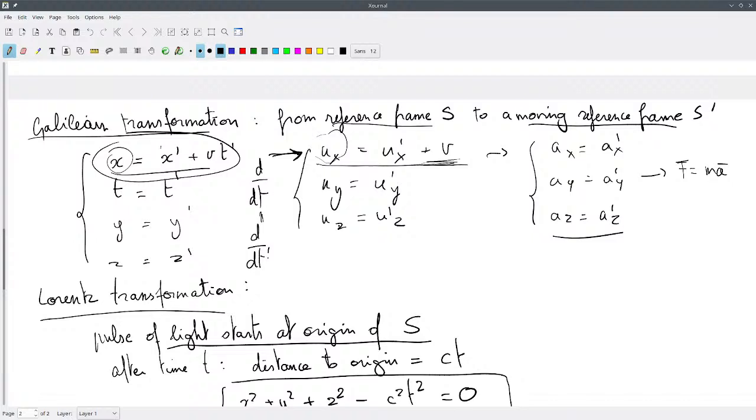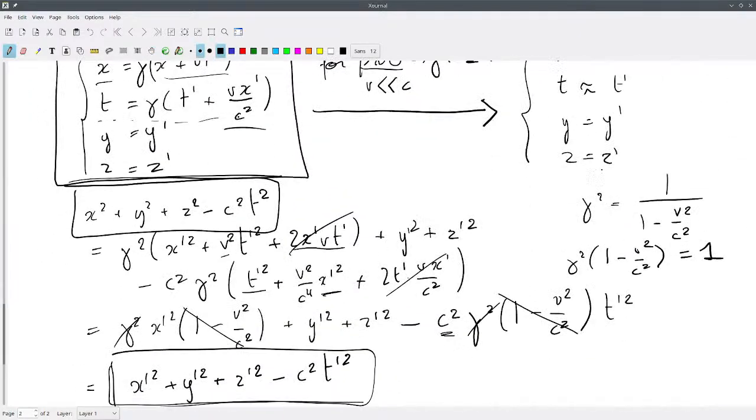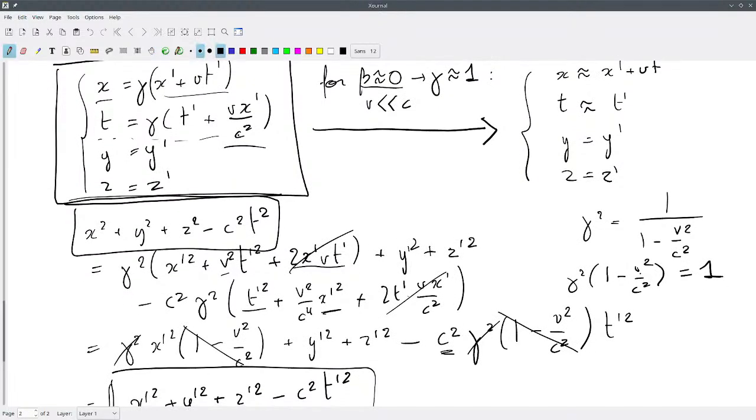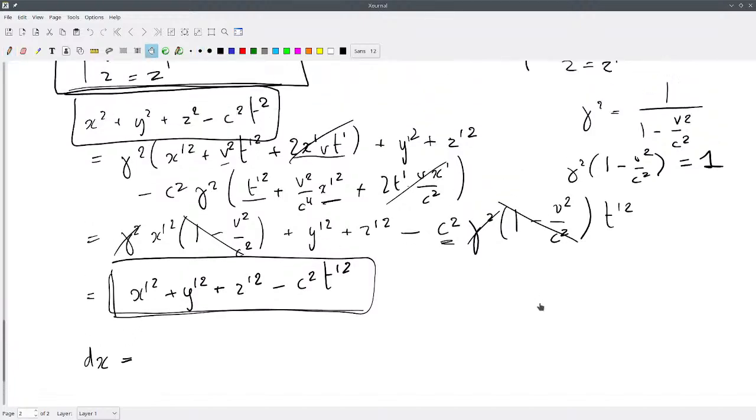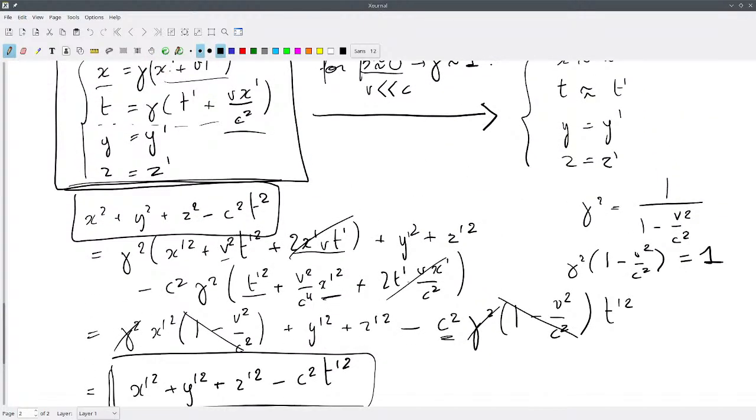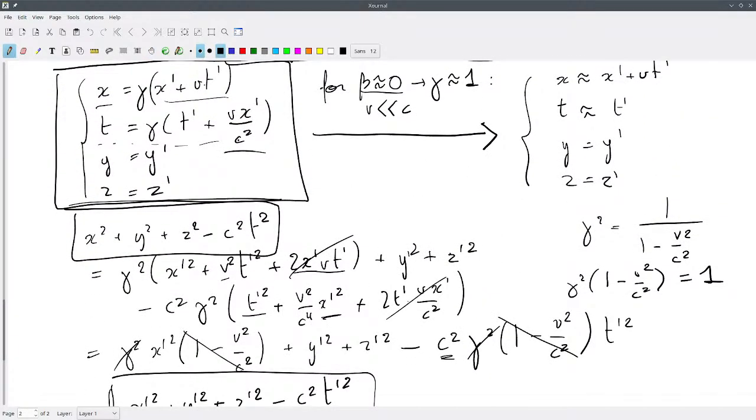Now that is something that we can't do anymore, because d/dt is not the same as d/dt prime. So we're going to have to do a little bit more work. We're going to be able to write first dx is equal to gamma times dx prime plus v dt prime.